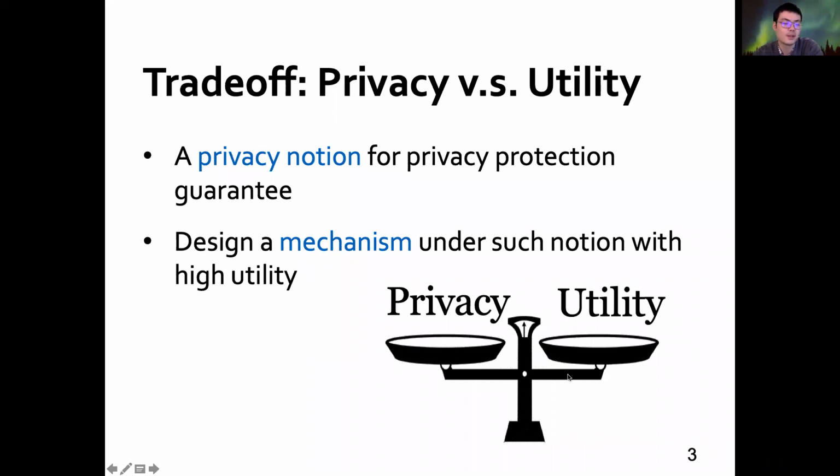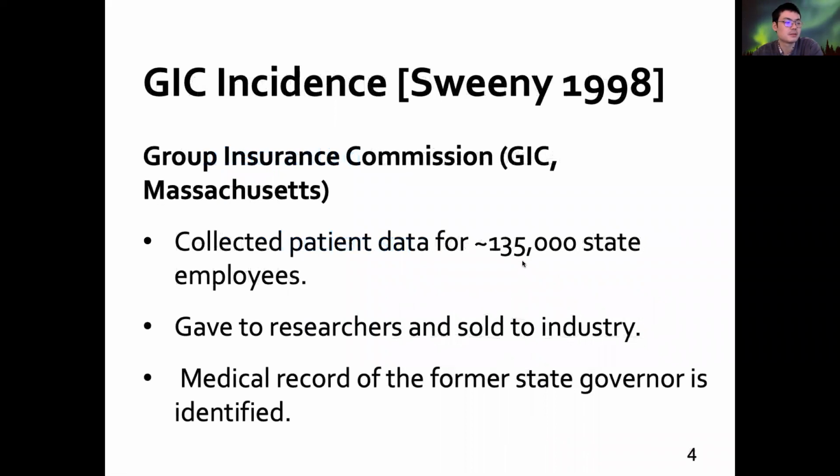But if you protect all of these things, then they cannot use the data, basically, okay? So we need to compromise some privacy to make sure the data is useful for people to use, right? But we don't want to compromise to the degree that someone can attack us, okay? So this is what we want to do, okay? We want to release the data, still hoping it can be useful, but we protect individual privacy.